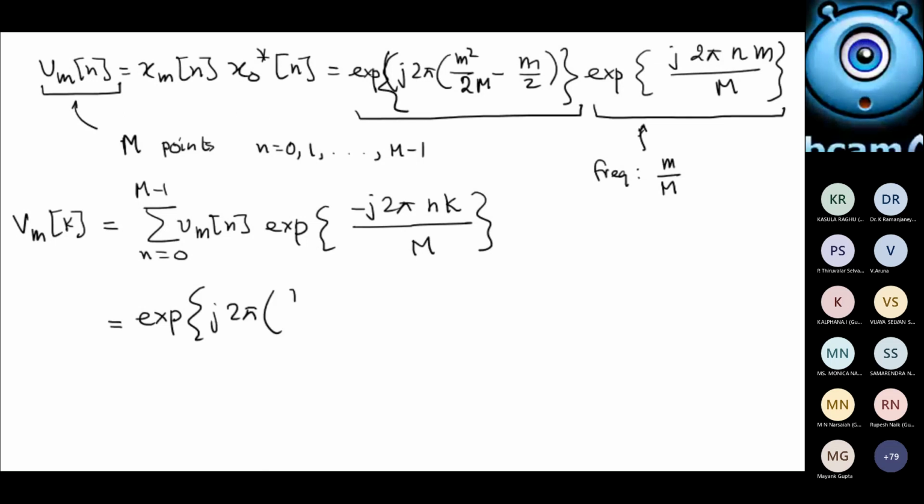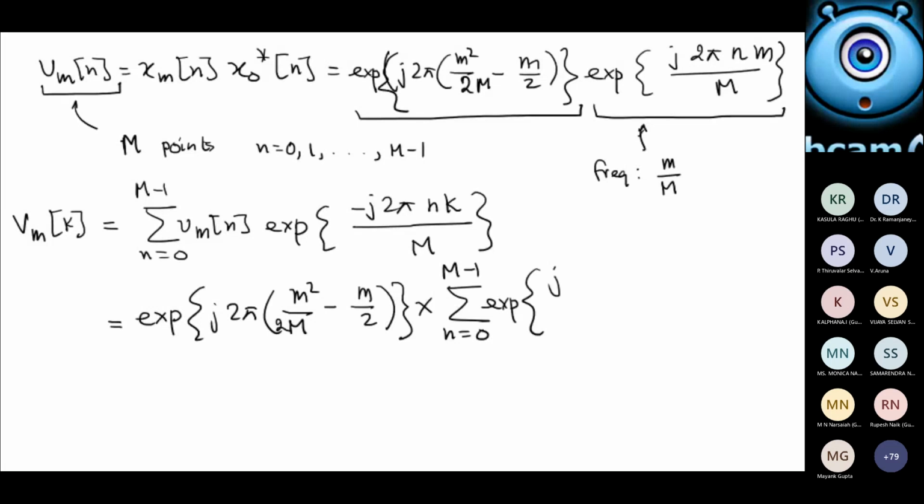j2 pi m squared by 2M, which is just the phase term from the Vmn expression before, multiplied by the sum over n from 0 to capital M minus 1 of exponential j2 pi n (m minus k) divided by capital M, and k goes from 0 to M minus 1.